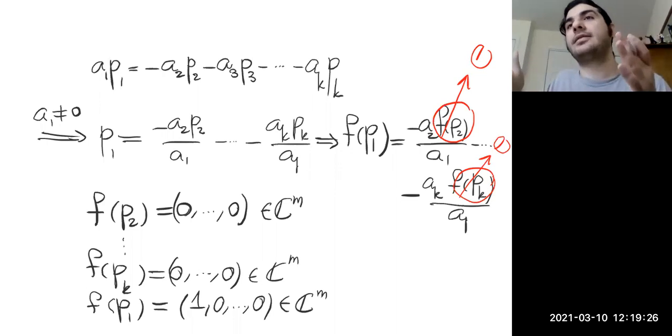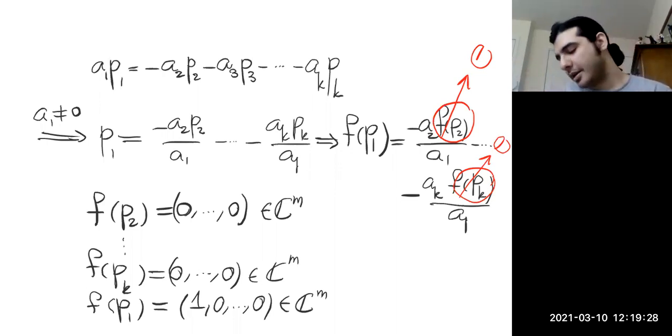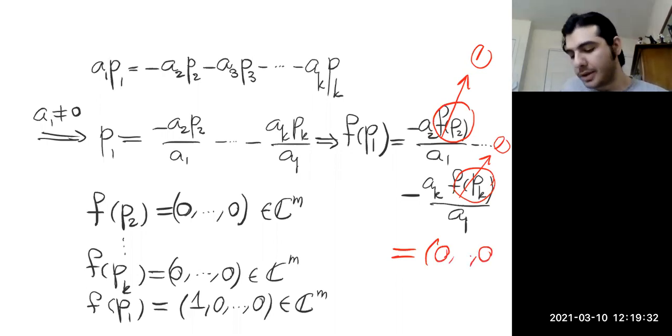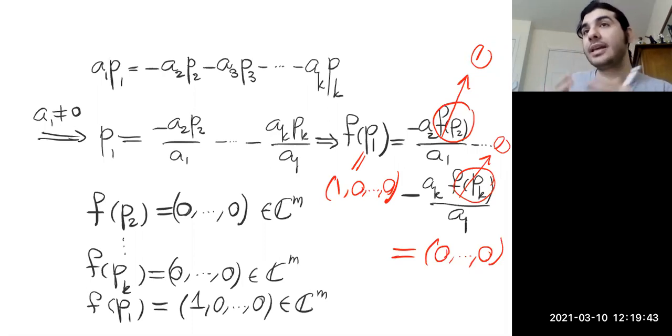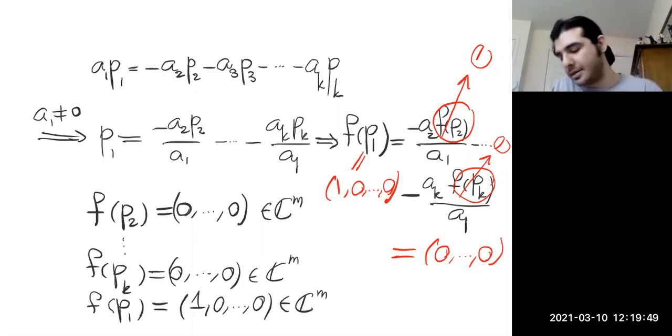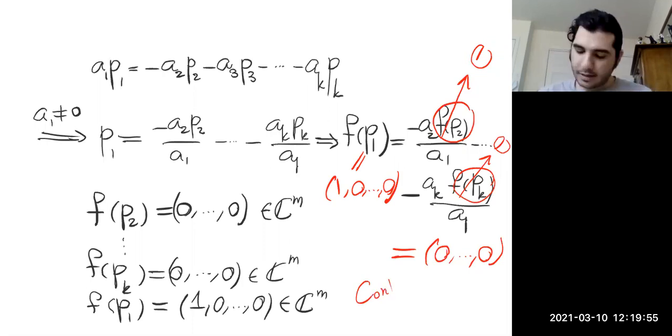Everything on the right-hand side is 0. So the right-hand side is equal to the vector 0. But the left-hand side, I defined F to be 1, 0, 0, 0. So the left-hand side is non-zero, whereas the right-hand side is 0. And they can't be equal. Here we have equality between something which is 0 and something which is non-zero. That's a contradiction.